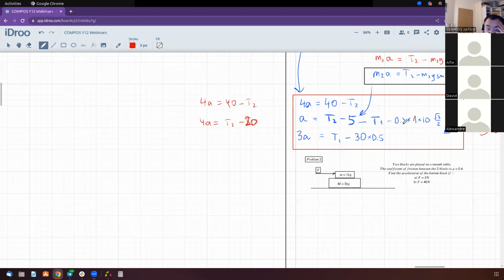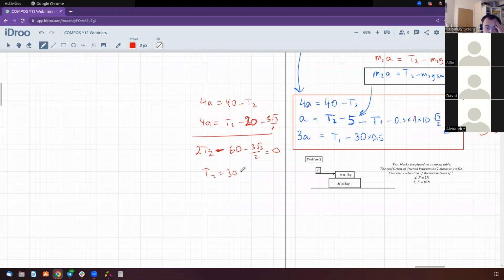Then 3 times minus 3 square root of 3 over 2, and subtract that, and you get 2T2 minus 60 minus 3 square root of 3 over 2 equals 0.